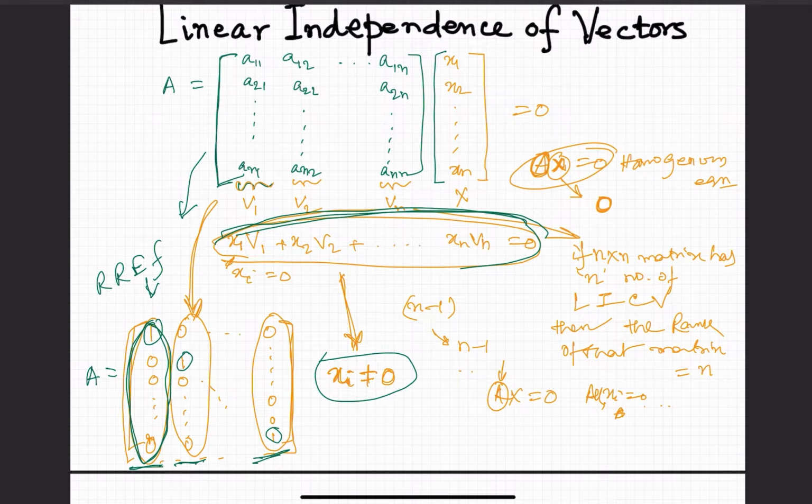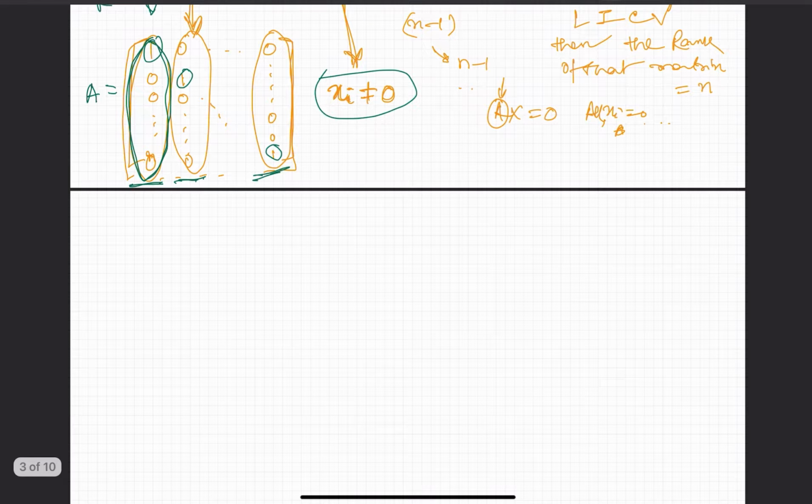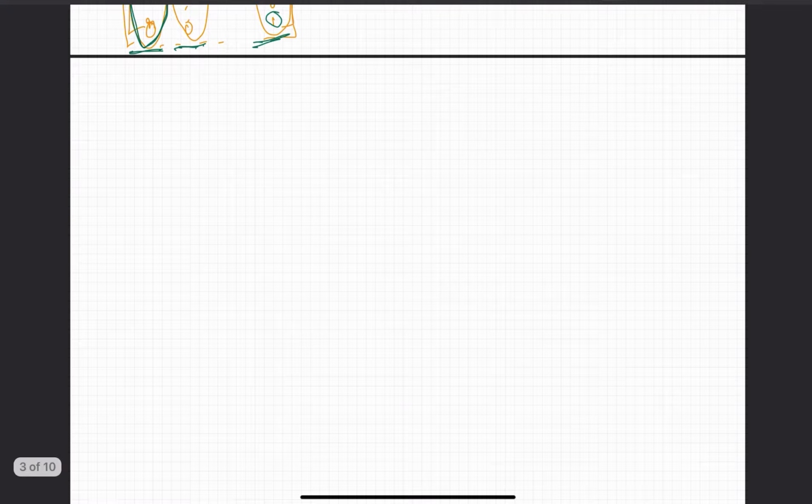And for that case we can understand the linear independence through an example. First of all, we can recapitulate it like this: in a two dimensional case, if there are two vectors like this, then these two are linearly independent.